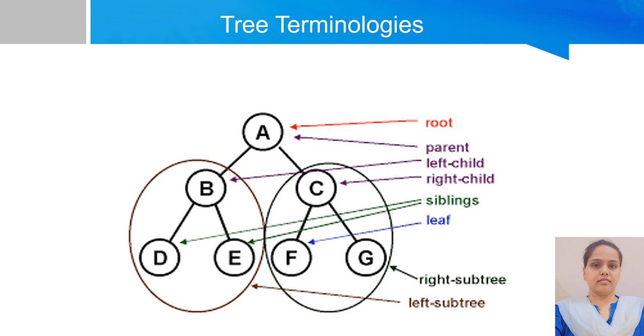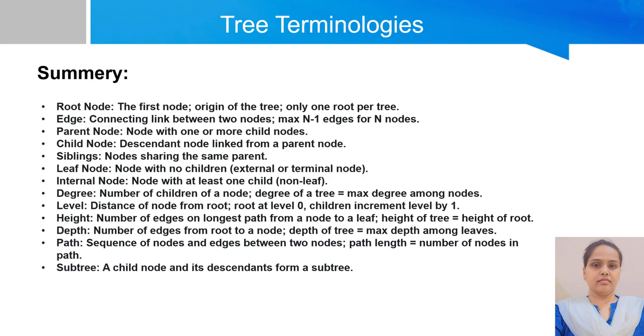D, E are siblings, as they are from the same parent B. And F and G are siblings, as they are from the same parent C. B, D, E become a left subtree, and C, F, G become a right subtree, whereas D, E, F, G are the leaf nodes. This is a summary of the tree terminologies.